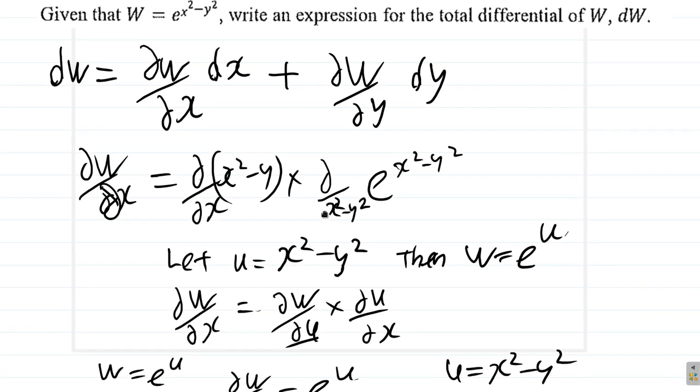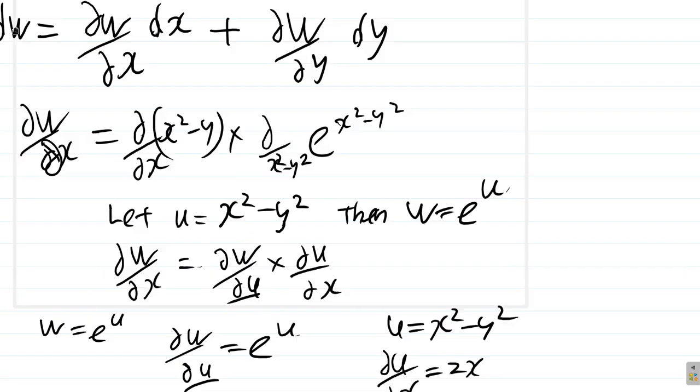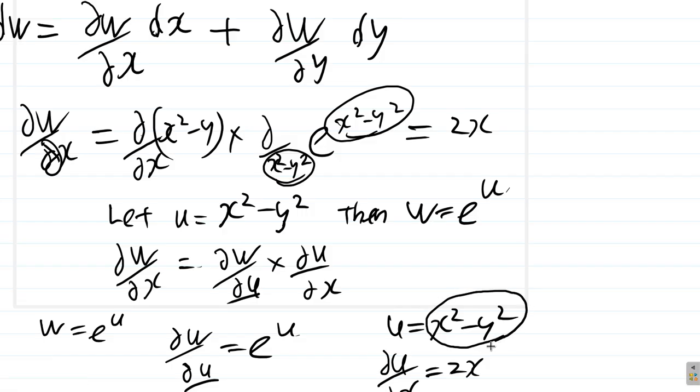Alright? Similar idea here. If you work it mentally, you would have 2x times e to the all of this, which we had called u. We just simplified it by giving it a name with just one letter, e to the u. So it's e to the x squared minus y squared.